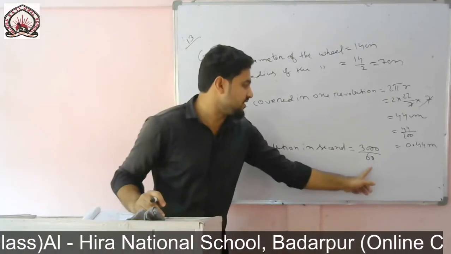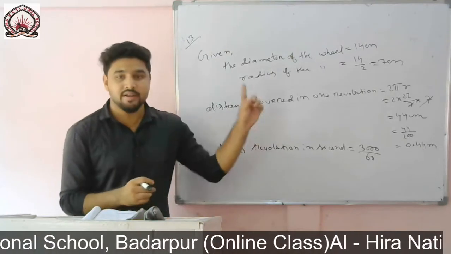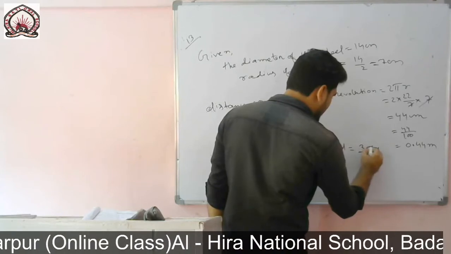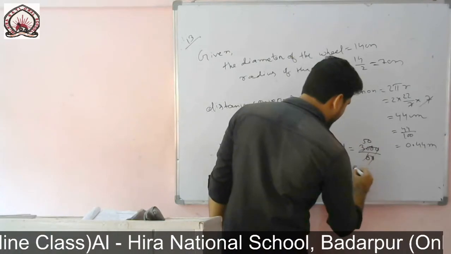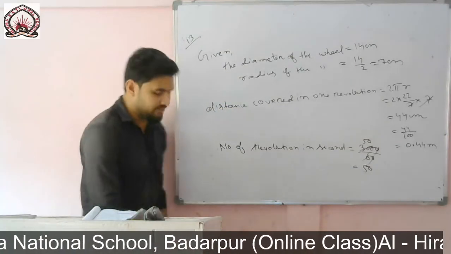We have divided by 60 because we have to convert in second. We are getting 50 revolution per second.